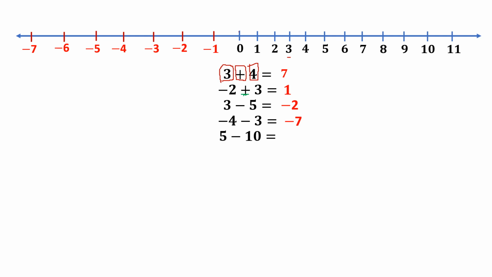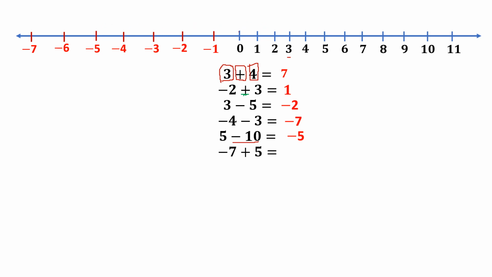The next one is 5 minus 10. The starting point is 5. At 5, I am moving 10 units to the left because this one is negative. So it's 1, 2, 3, 4, 5, 6, 7, 8, 9, and 10. And this takes me to minus 5. So 5 minus 10 is equal to minus 5.